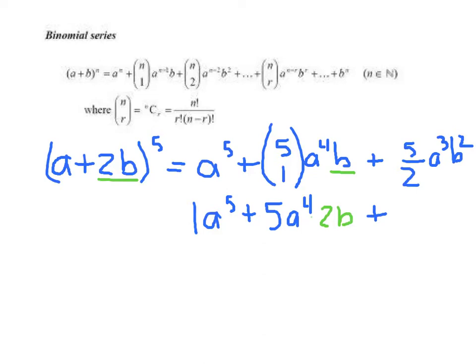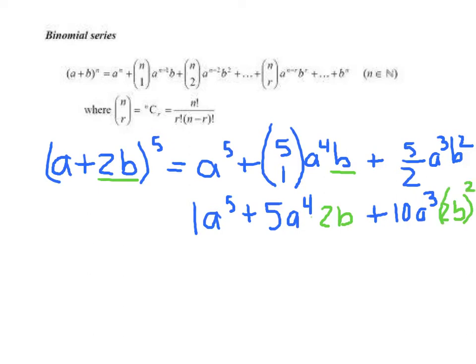And then it's plus 5 choose 2. 5 choose 2 is 10, so it's going to be 10 times a cubed, but then b, remember, is really 2b, so it's 2b squared. And so I've sort of run off the screen.